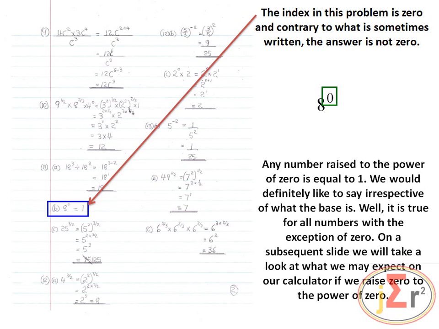However, we are also saying that it is not quite right when we are raising 0 to the power of 0, and that we'll take a look at on a subsequent slide. Well, do not imagine that we will do that immediately, but by the time this tutorial is complete, we are sure to take a look at it.